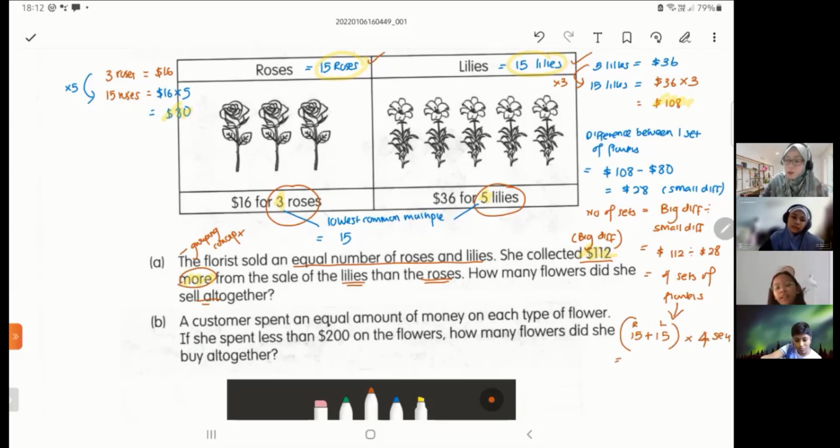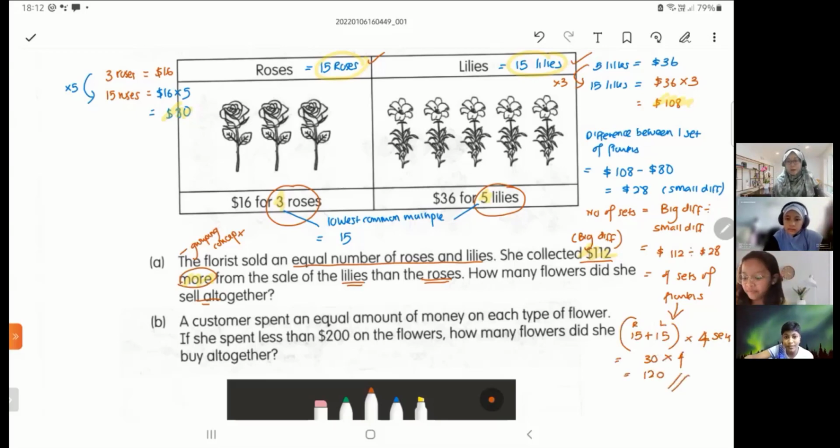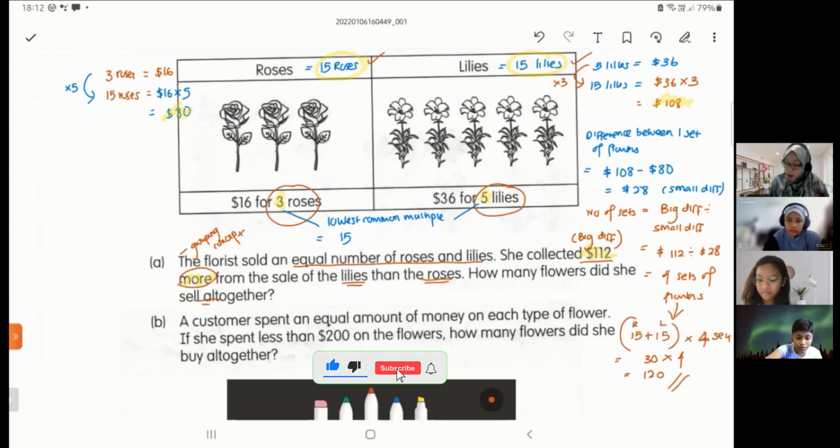So 30 times 4 is 120. Answer. Another way to do this is guess and check, but I will not go into it because you should know how to do your guess and check. Okay, so part B now.